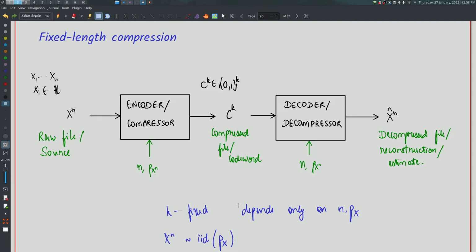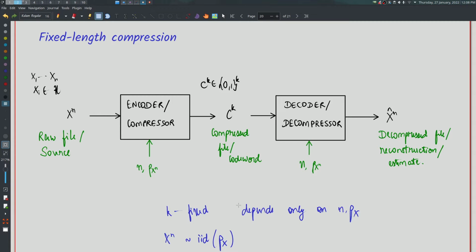And we saw that it is possible to achieve that expected length. So it is possible to design a compression algorithm for which the expected compressed length is equal to the entropy, and this is a zero error variable length compression algorithm, right?